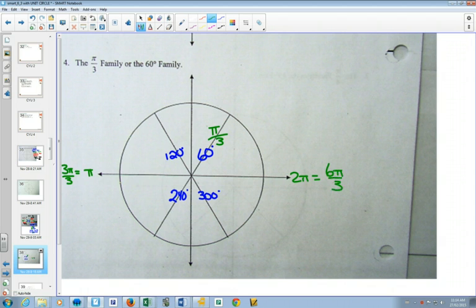So we notice the same thing happens in quadrant 2, that the angle is just 1 less than the denominator, because you would take 3 pi over 3 and subtract pi over 3. And here it will be 4 pi over 3, because you just add 1. And then finally, subtracting 1 from double, you would get 5 pi over 3.